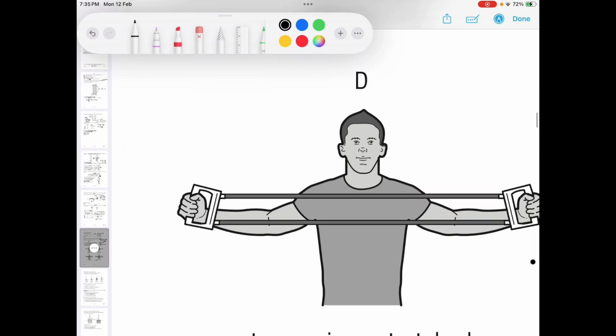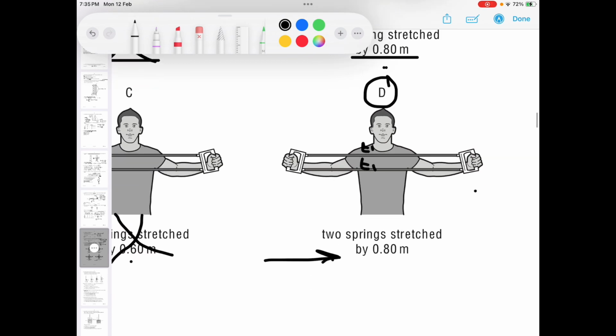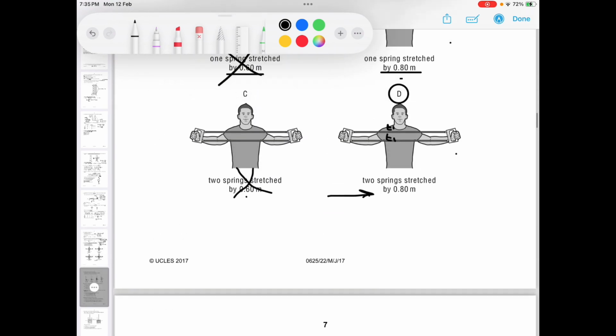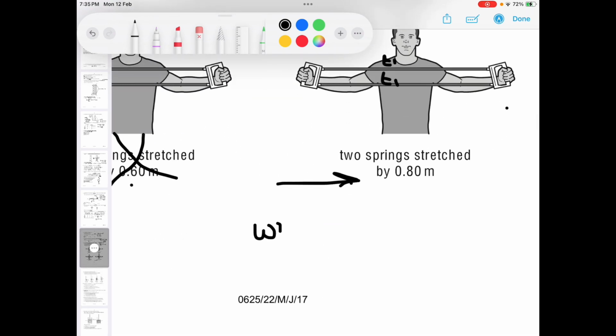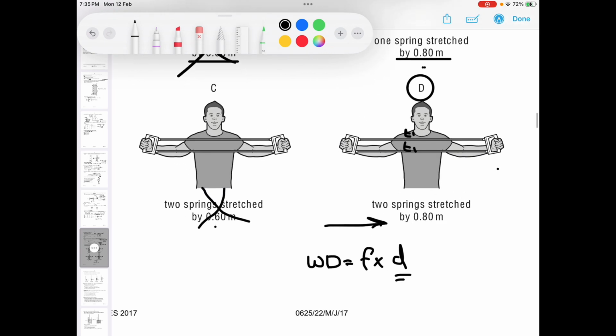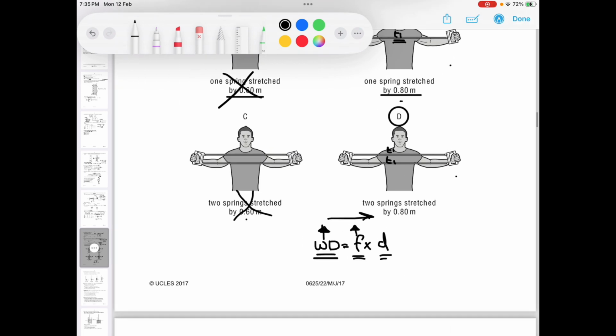However, this one is doing work against two T1s, so this one is doing far more work. Work done is equal to force times parallel distance. Now, all of them are stretched to the same distance, so distance is constant. However, these two are directly proportional, so the more force, the more work done. So the answer is D.